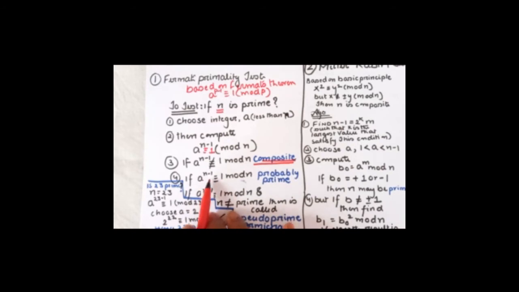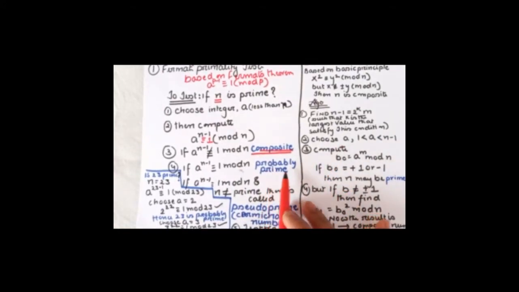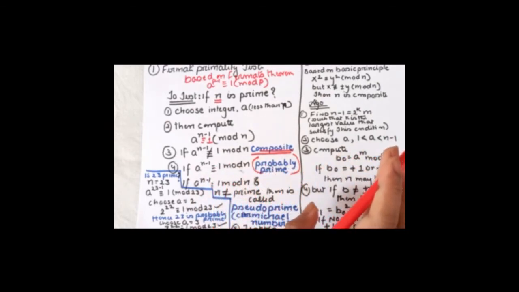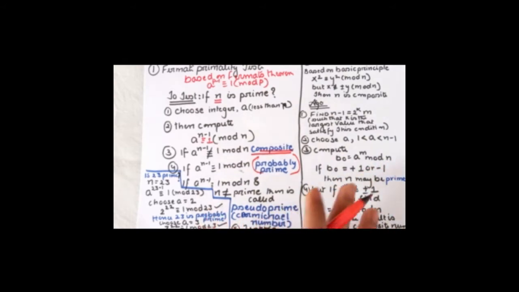If a to the power n minus 1 is congruent to 1 mod n, then you can say that it is probably a prime number. Here also remember, it is not a sure test that since a to the power n minus 1 is congruent to 1 mod n, it is going to be a prime number. No, it can be probably a prime number. I'll also tell you a very interesting fact about it.